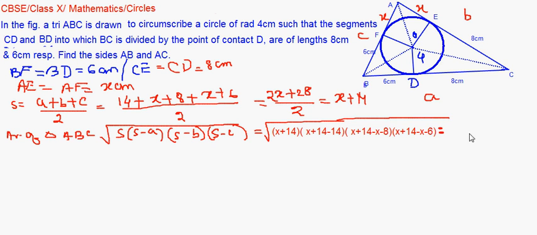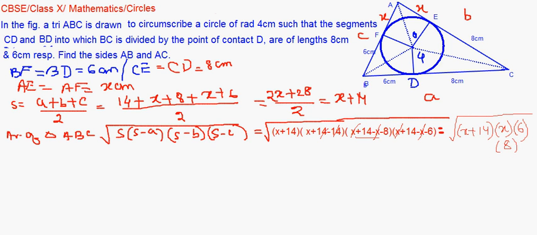If I solve this, this is x plus 14, and here this gets cancelled, so I'm left with one x here. Next, this one x getting cancelled, I'm left with 6 there, and in the last one again this is getting cancelled, I'm left with 8.